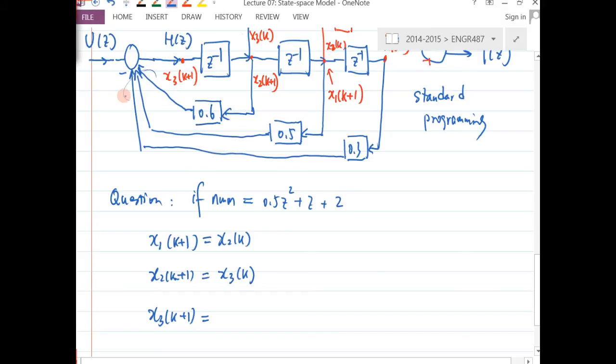So I'm going to write u of k at the end of this expression. What does it subtract?